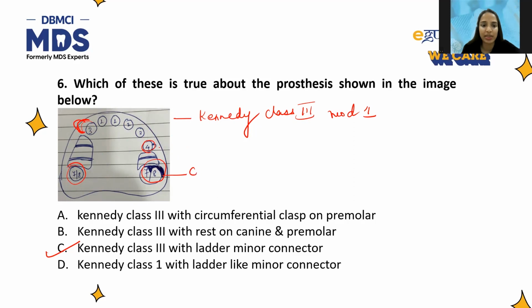So this would be my C clasp. This would be my C clasp. This again would be a simple C clasp, and this could be my RPI. I'm designing the particular case at hand. And I can prefer to give a meshwork here in the region of the denture base, because these are tooth bound areas. You could also give a ladder here, a ladder type of minor connector.